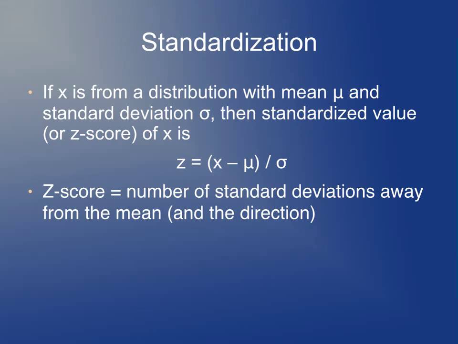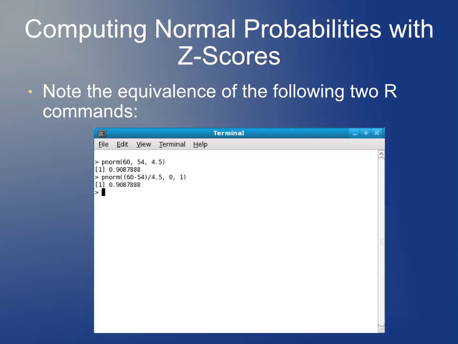And I'll note briefly that sometimes you'll want to standardize variables. This is called converting them to z-scores, which means that you just take the value of the variable, subtract the mean, and divide by the standard deviation. You can think of it as the number of standard deviations you are away from the mean, whether you're above it and have a positive z-score, or below it and have a negative z-score. So you'll notice, for example, in R, these two commands give identical results.